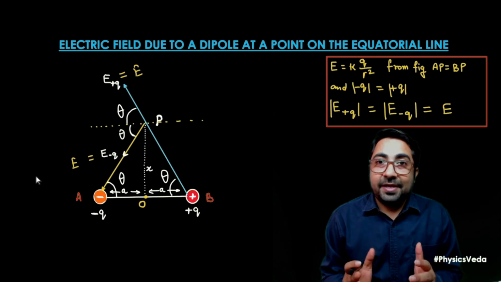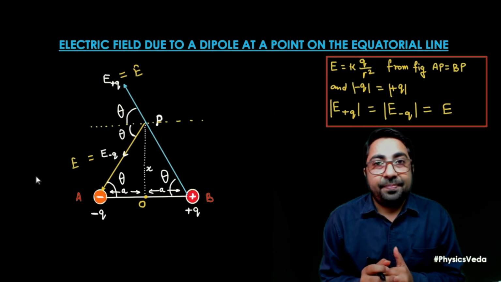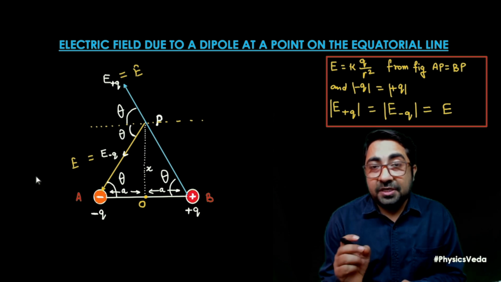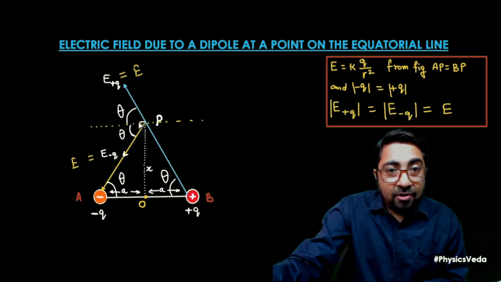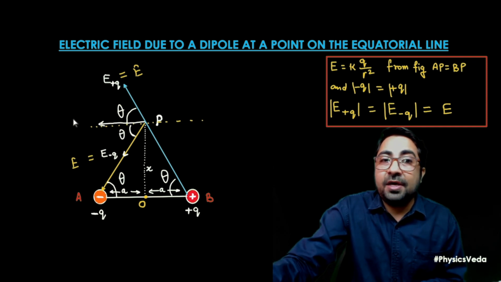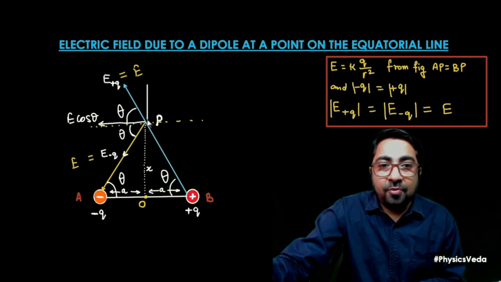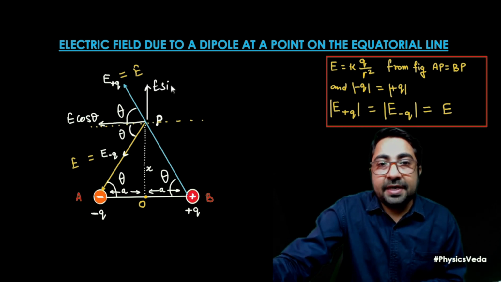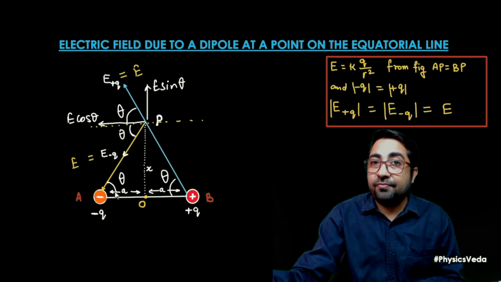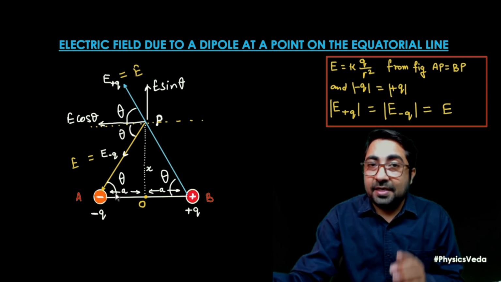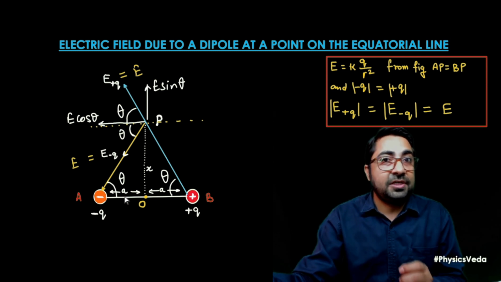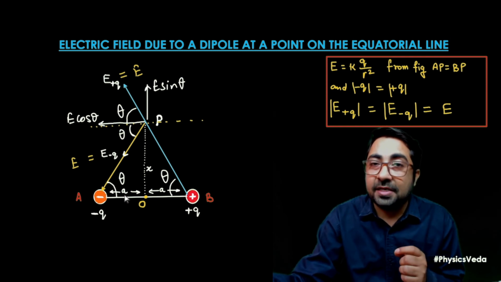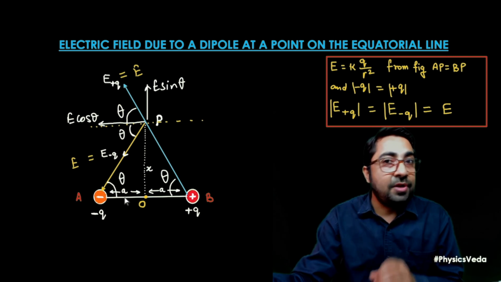Now we can split the components of electric field. Electric field due to positive charge along the reference line, the component will be E cos theta, and the perpendicular component is E sin theta. Because we have already discussed that the electric field magnitude due to positive charge and due to the negative charge are equal, so I can write the components in terms of E only.